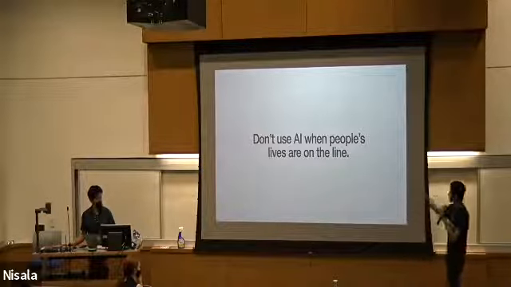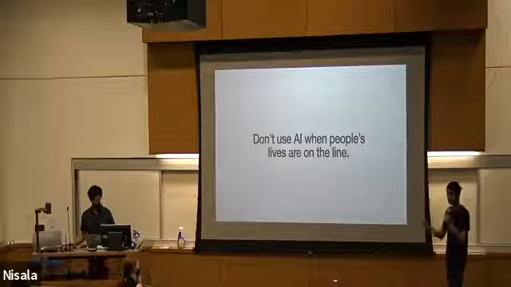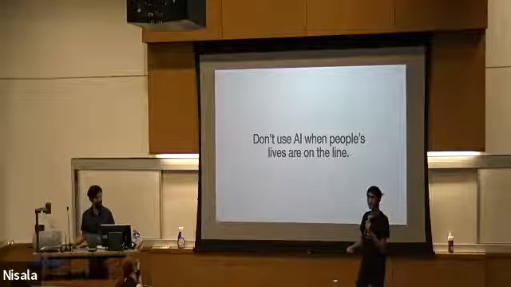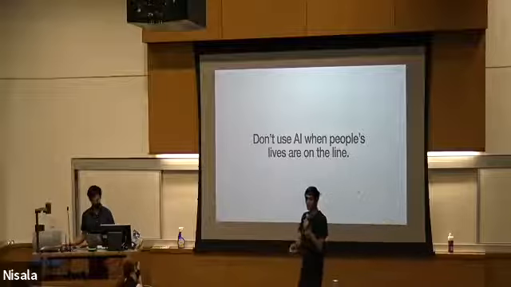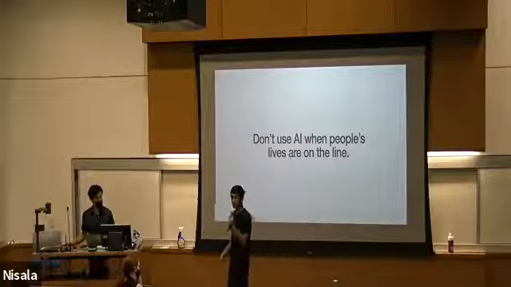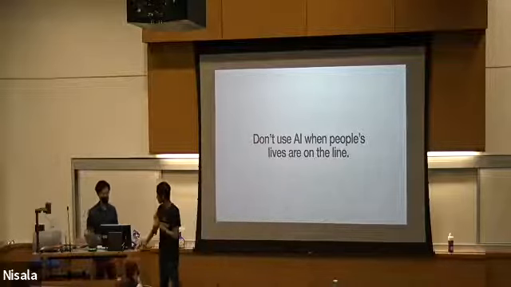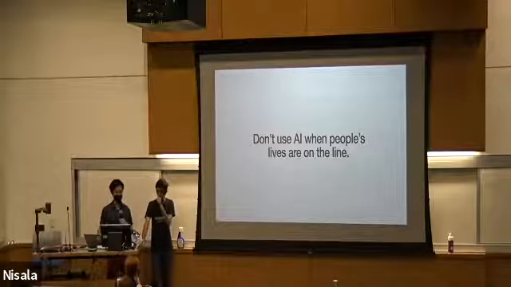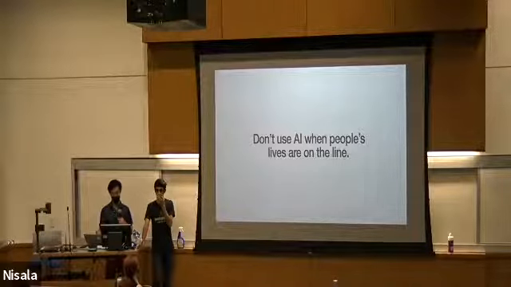And don't use AI when there's real people's lives, when you're convicting people, when you're putting people in jail. That's not a place where AI can be used, especially not now. I would also like to add that this is the reason why diversity in computer science and in artificial intelligence, software engineering is so important, because we are making decisions that directly impact all aspects of society, and all aspects of society are not necessarily represented within the world of computer science.